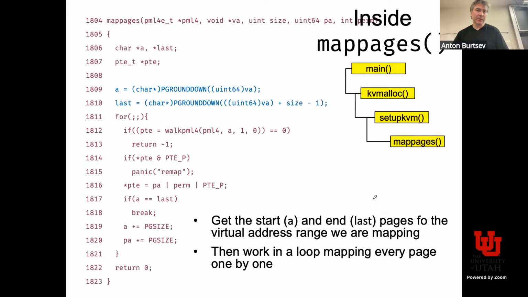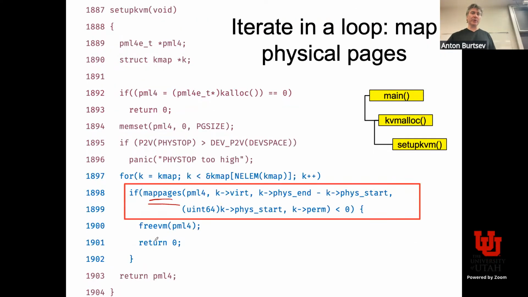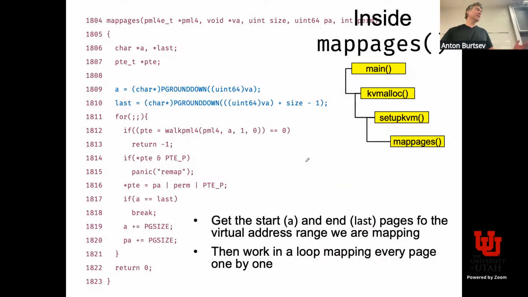At this point, we ask what's inside this map pages function, right? Just to make sure that we understand, this is actually the call stack. We called from main, kvalex, setupkvm, so we're here, map pages. Map pages itself says, okay, sure, not surprisingly.